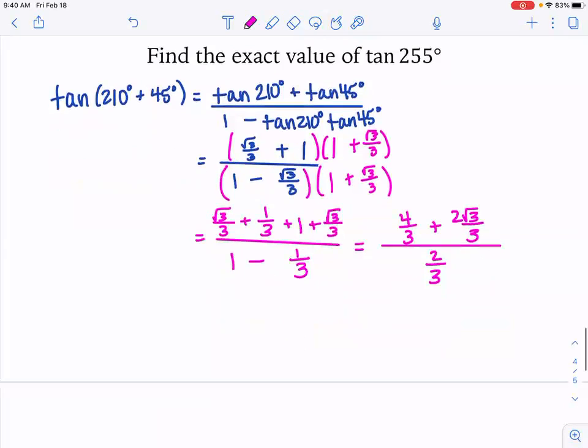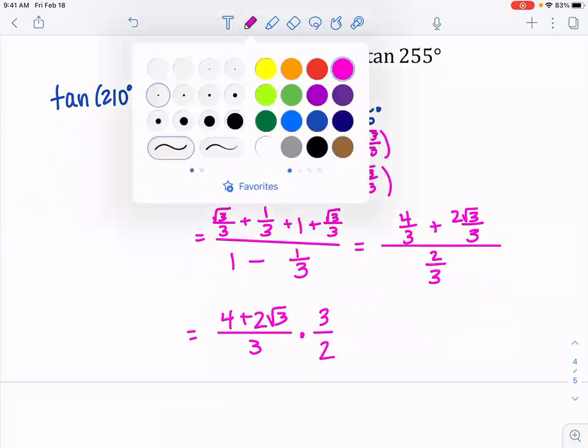And some of you can see how this is going to simplify already, but let's talk about our numerator first. Our numerator is 4 plus 2 radical 3 over 3. Okay, I just went ahead and squished our numerator together. And we're dividing by 2/3. Well, dividing by 2/3 is the same thing as multiplying by 3/2.